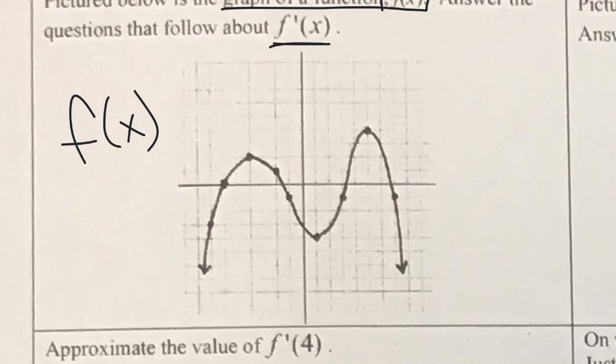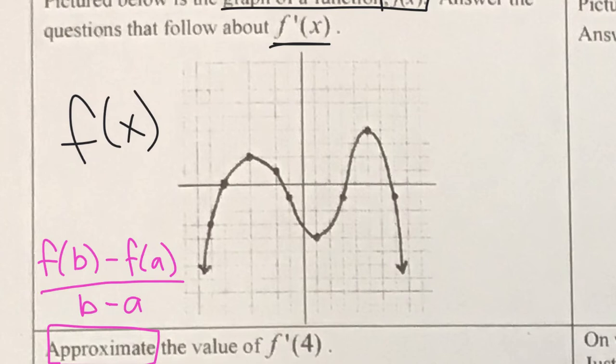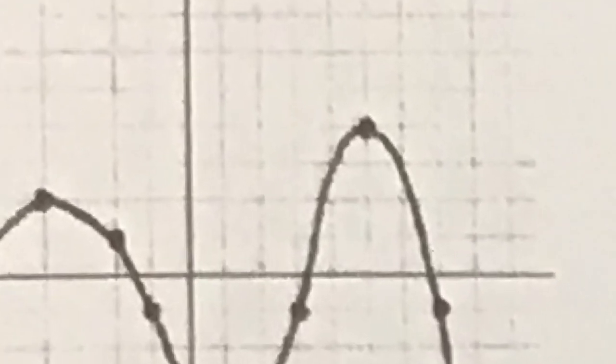Okay, so when it says approximate, that wants you to use the average rate of change for +4. So let's see if I can zoom in here. Here is +4, so we're talking about this point right there. We can use our best approximation, maybe the tangent line, something like that.